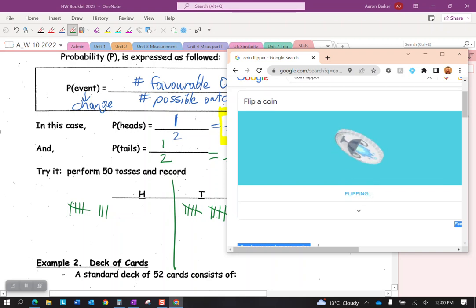Tails. Heads. Heads. Heads. Heads. Tails. Tails. Heads.